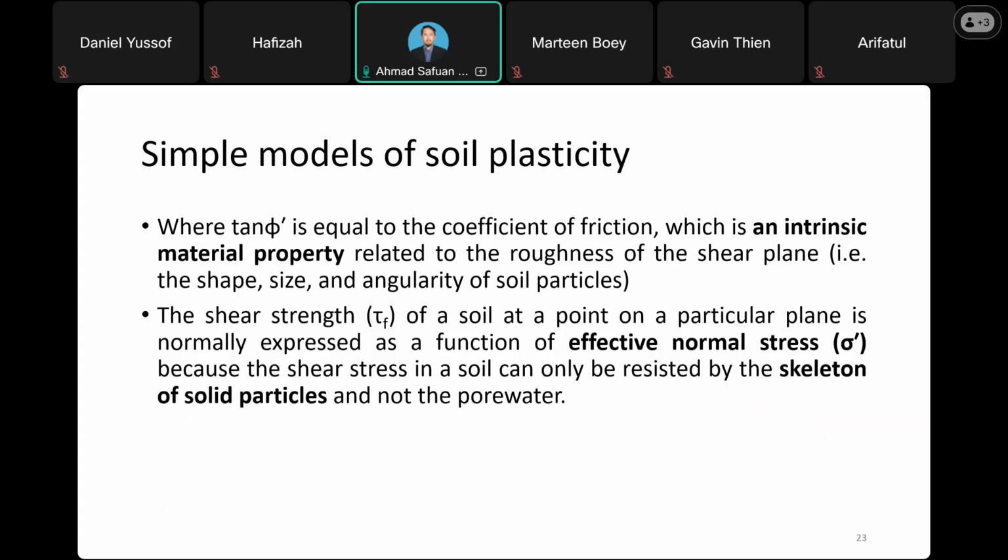As I mentioned before, when we consider shear strength, we only deal with the soil fabric or skeleton of the solid particles. So that is why we use the effective normal stress when we plot the relationship between tau and sigma prime.